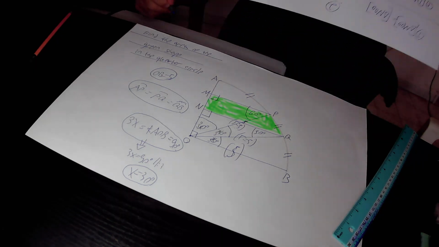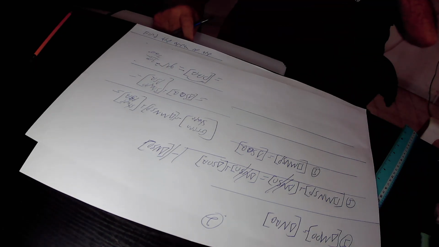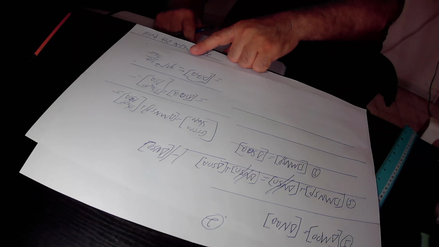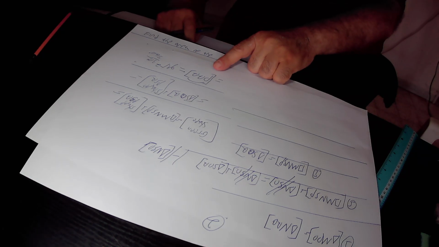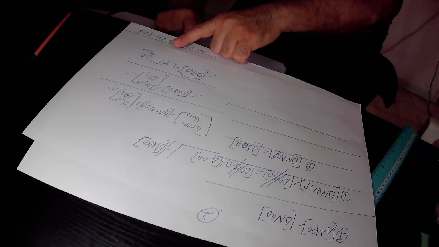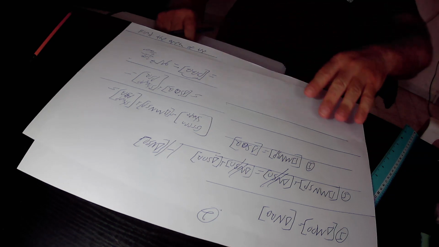Again, the area of sector POQ equals pi r squared, that is the area of the circle that contains the sector, times 30 degrees over 360 degrees.